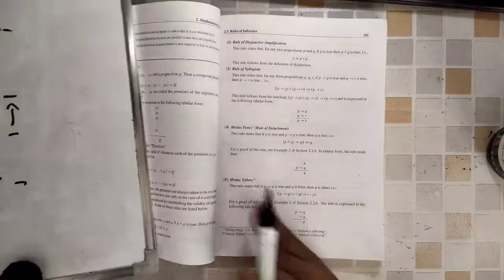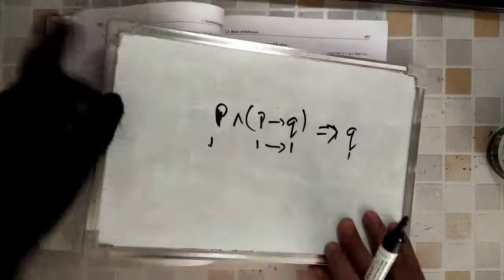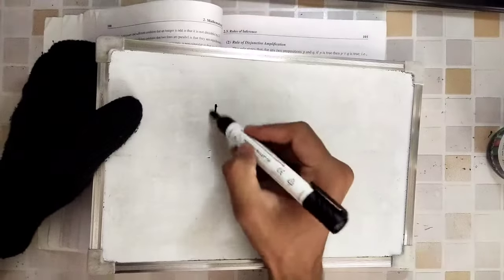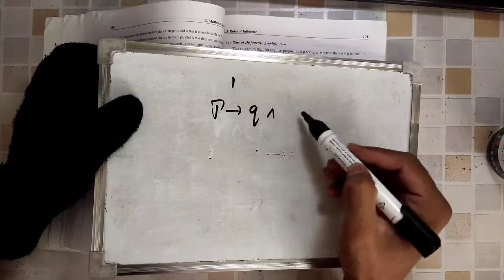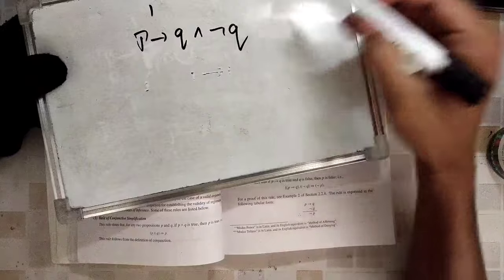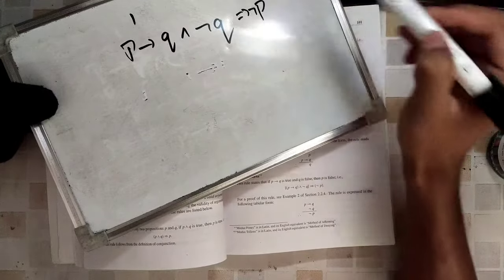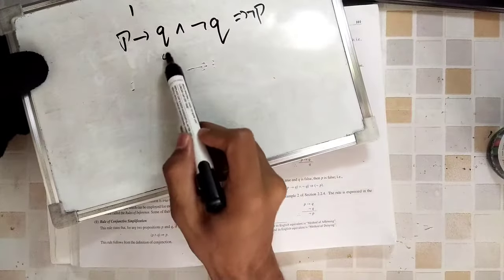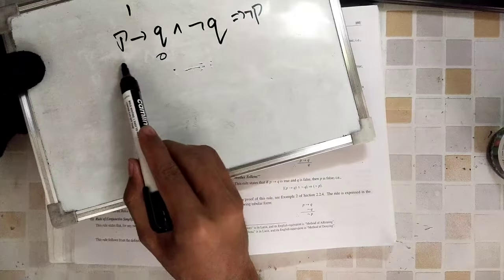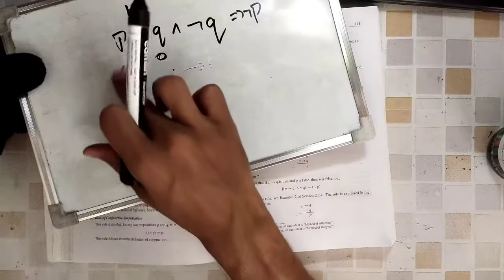Then I have modus tollens, which says that if P implies Q is true and Q is false, then P is also false, that is, negation P. So first we take P implies Q as true and Q is false. Here P can be only 0, it cannot be 1.